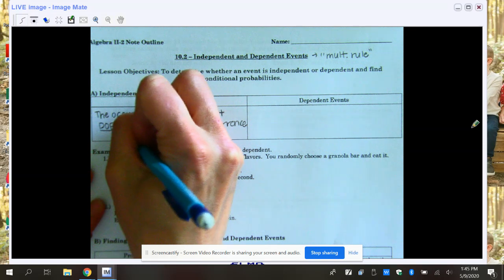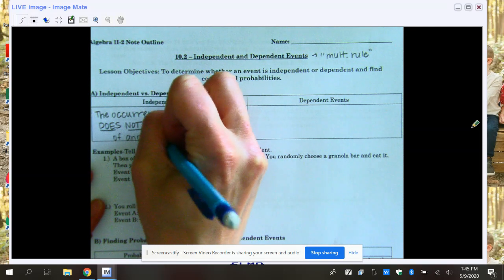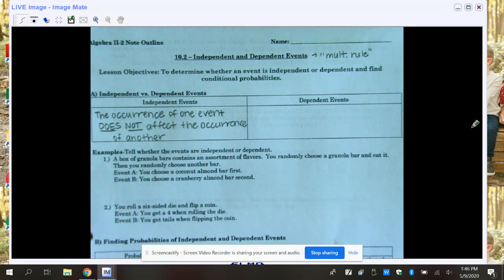Okay, so just think of the word independent. They have really nothing to do with each other. If I want to know the probability that I pick a purple flower from my garden and the probability that I pick a tomato from my vegetable garden, well, my flowers have nothing to do with my vegetables. So that would be an example of two independent events.